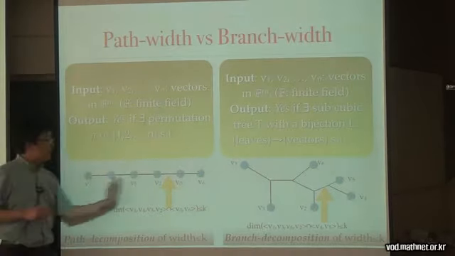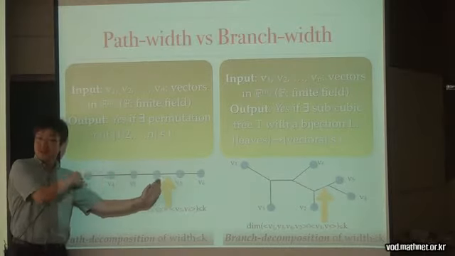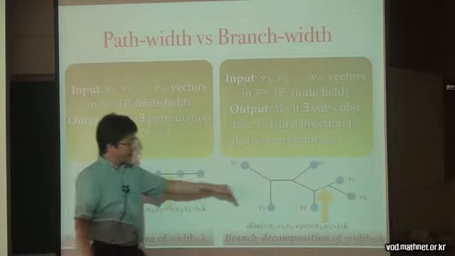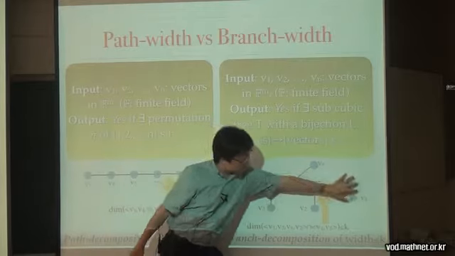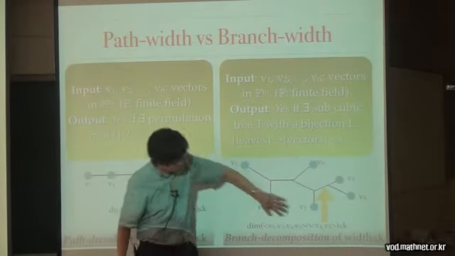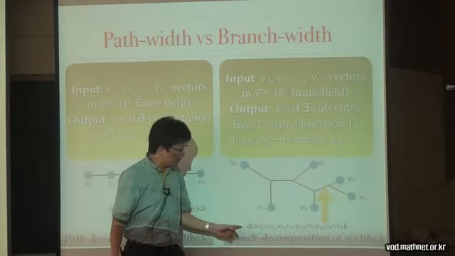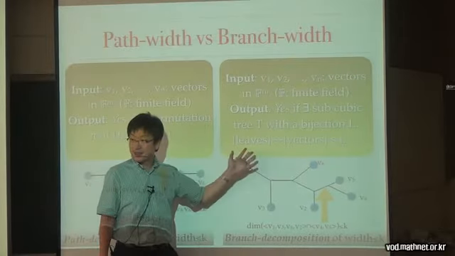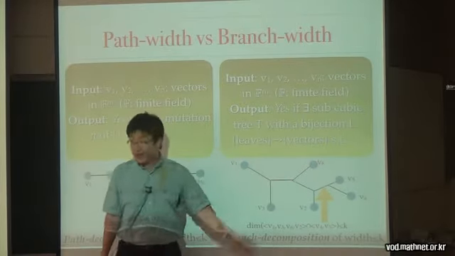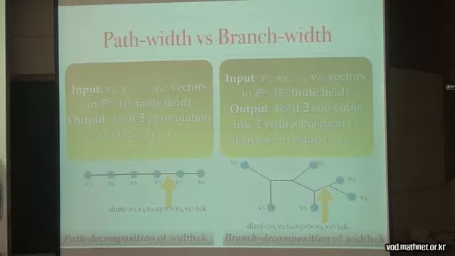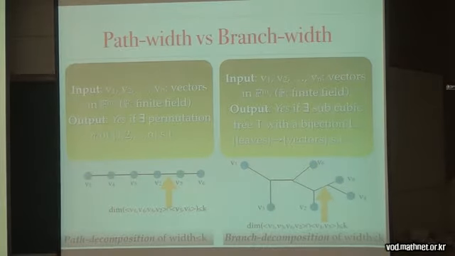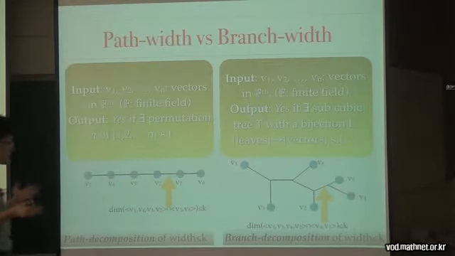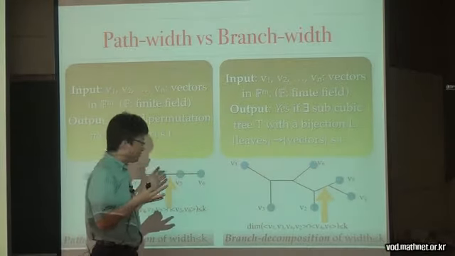Here, you want to have a small dimension on the left and right. Here, I cut here, then you have 2 vectors on the right and 4 vectors on the left, and I want this dimension to be small for every edge. So if you have such a tree with the labeling on the leaves, then you say that the branch width is at most k.